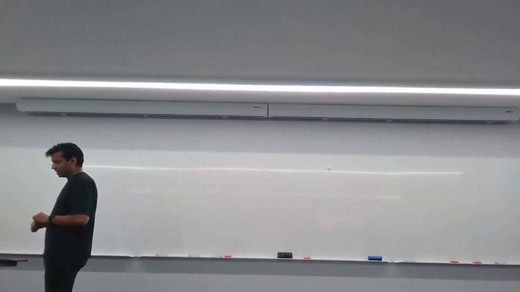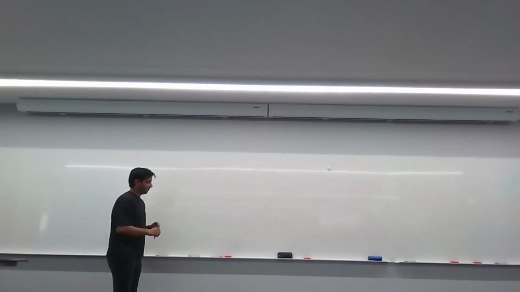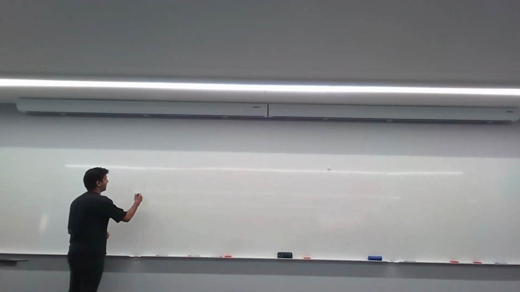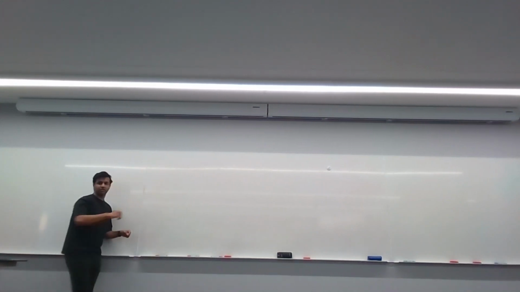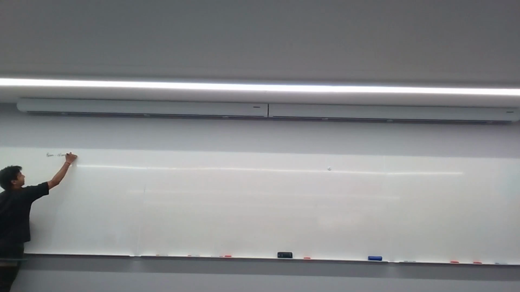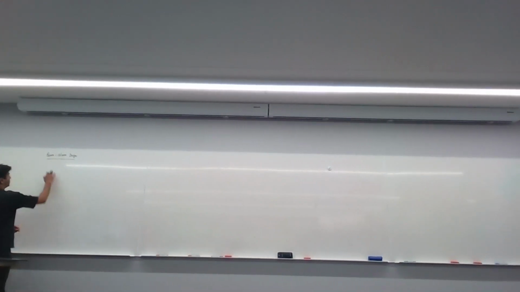Okay, so let's give a particular example. I'll start here. Beam column design. The example that I'll give you today looks something like this. I'm just going to give you a part of a beam, a part of a column.